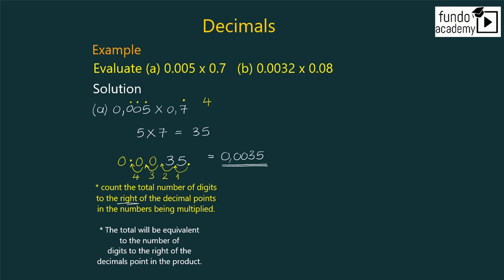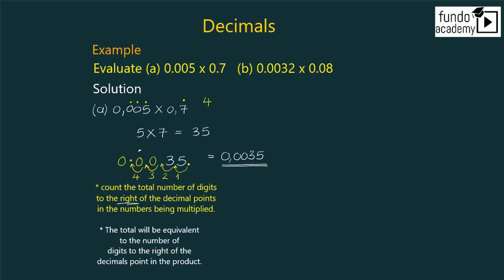It's like moving your decimal point to the left that many times. In this case it was 4 times, so I moved the decimal point 4 places to the left so that I have 4 digits after the decimal point.